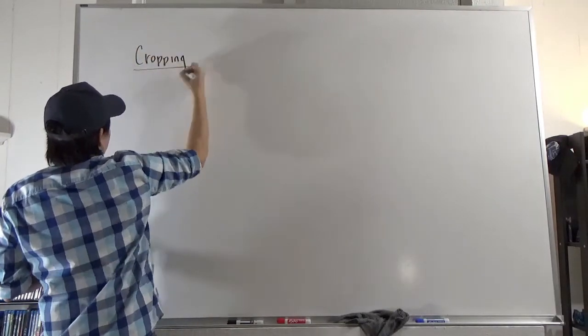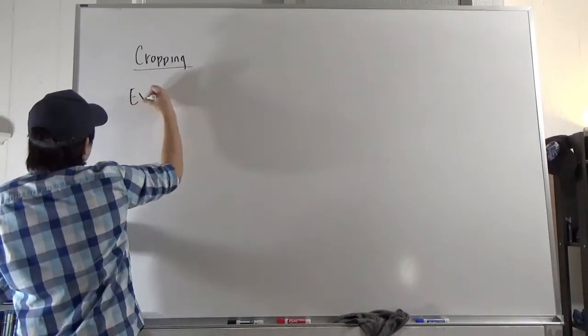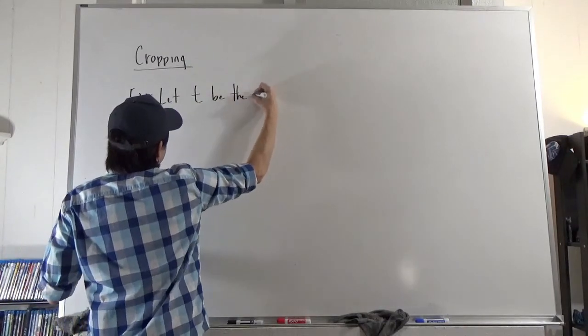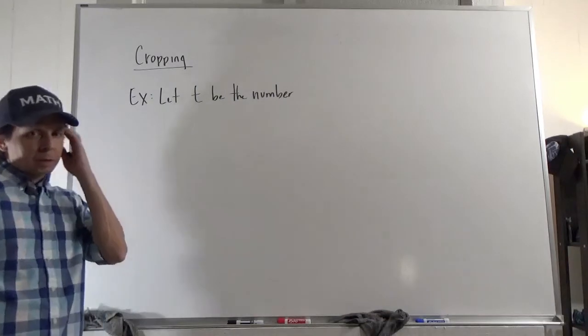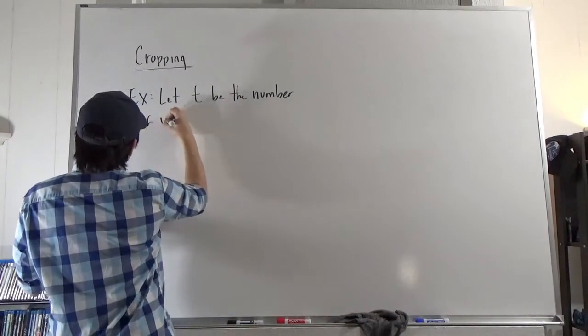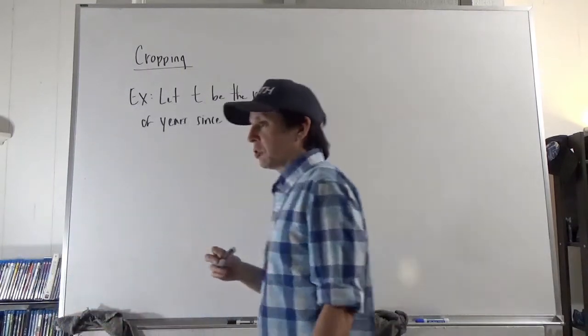Next, we're going to talk about a thing called cropping. And we're also going to use this example to illustrate this concept about a reference year, the T being the number of years since. Last time I did T is the number of years since 1980.